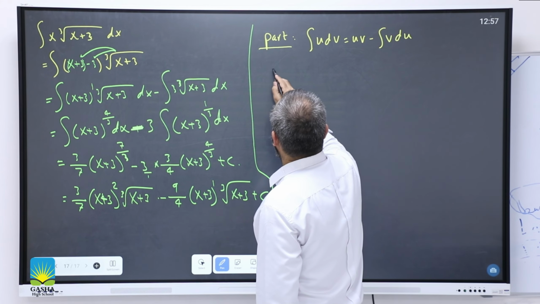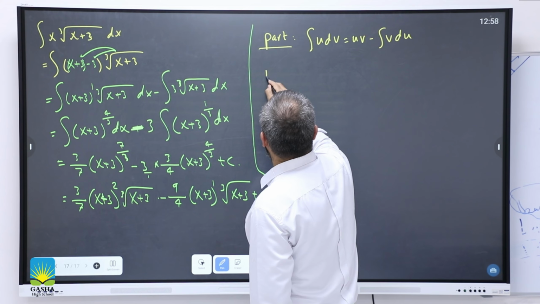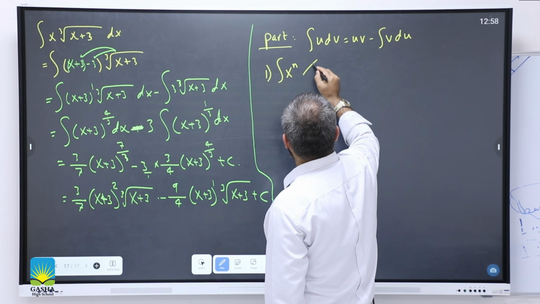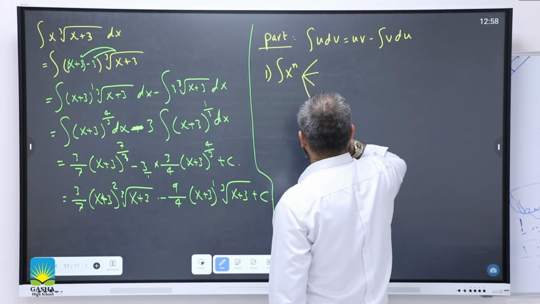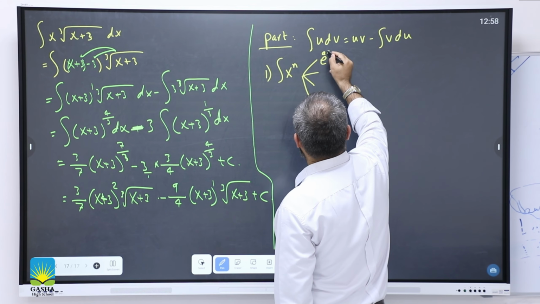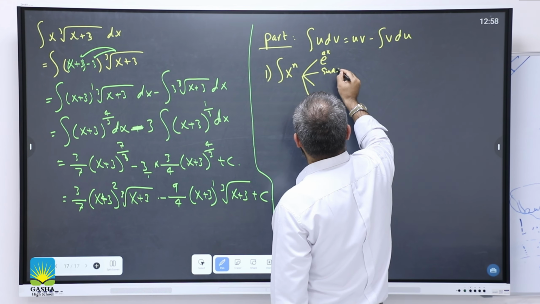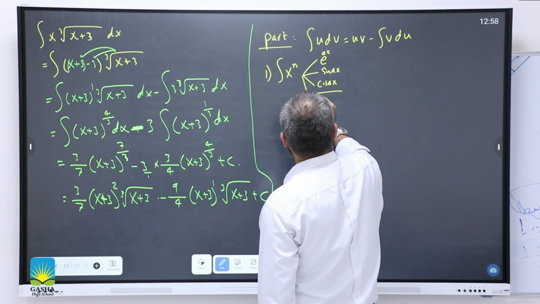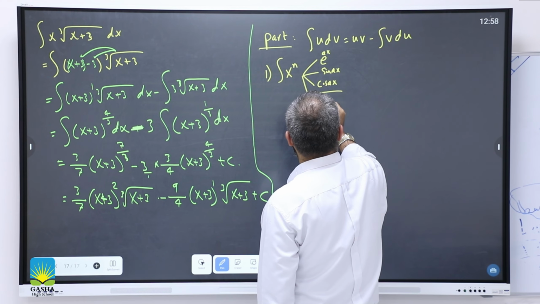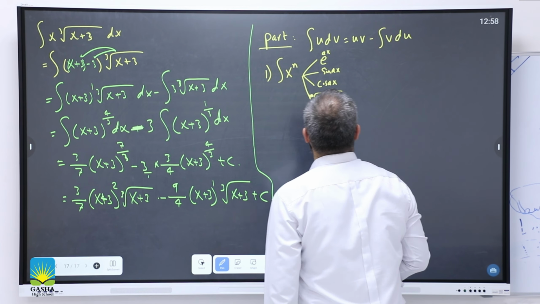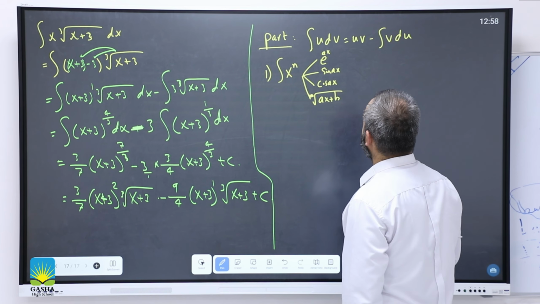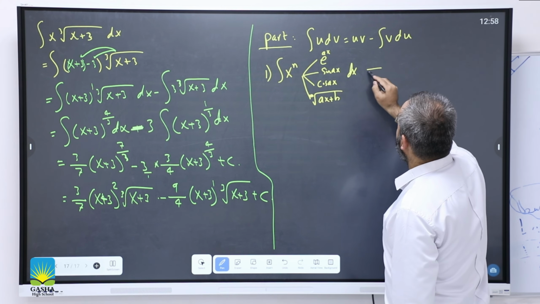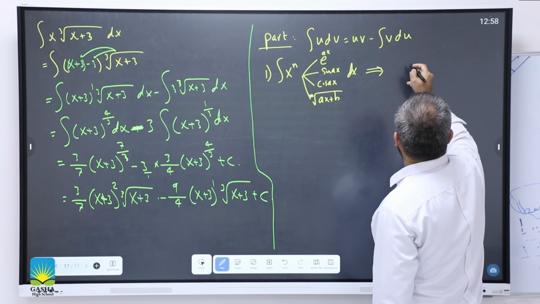We have some integrals. First, the integral of x to the power of n times e to the power of ax, sine ax, cosine ax, and the mth root of the linear form, dx. For all of them we apply the table.